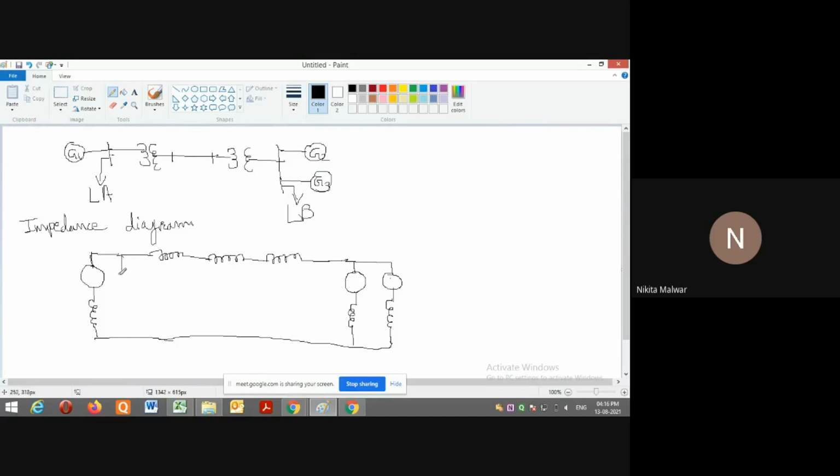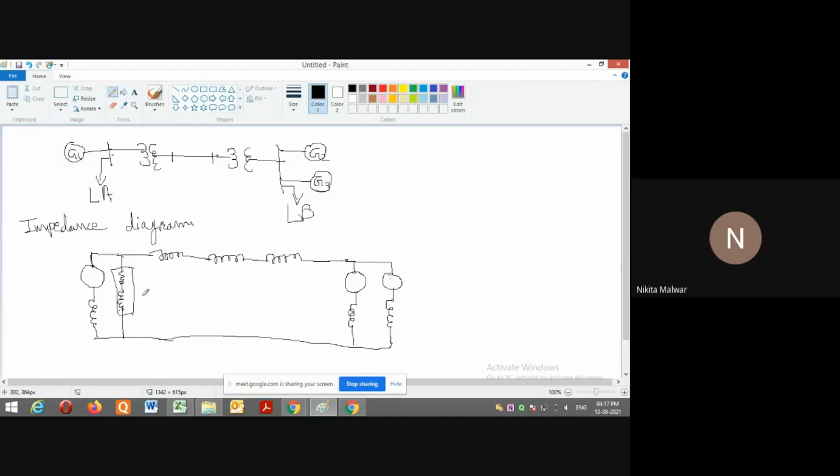Your load will be represented in terms of resistance and reactance, represented in rectangular form.